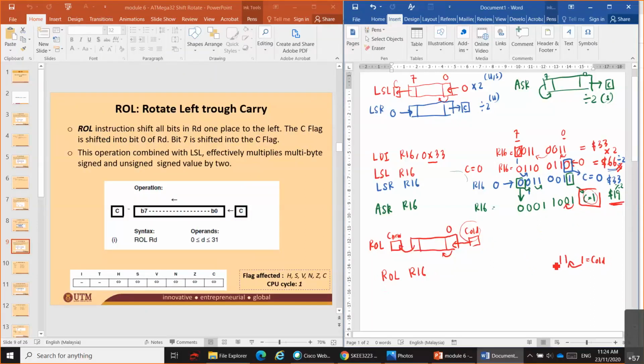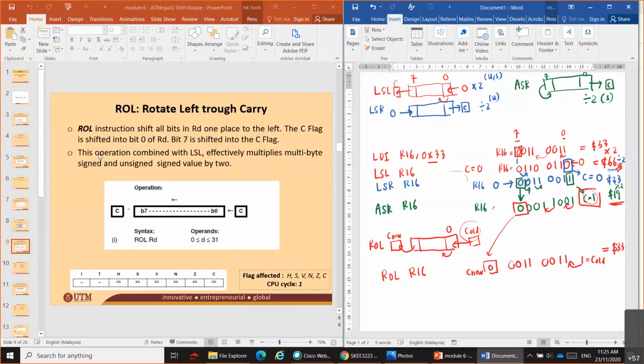So it becomes 1, 0, 0, and this one becomes 1, 1, 0, 0. What about this 0 here? This 0 will go to your C new. So now your R16 will have the number 33.